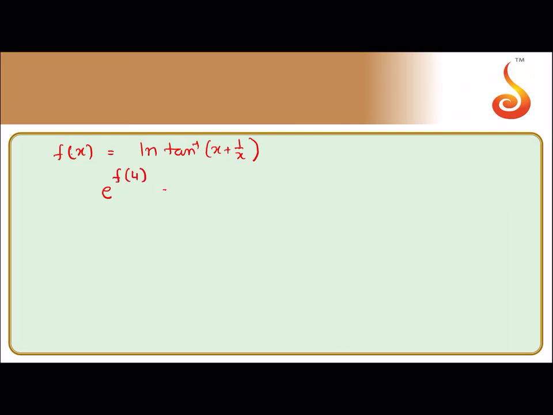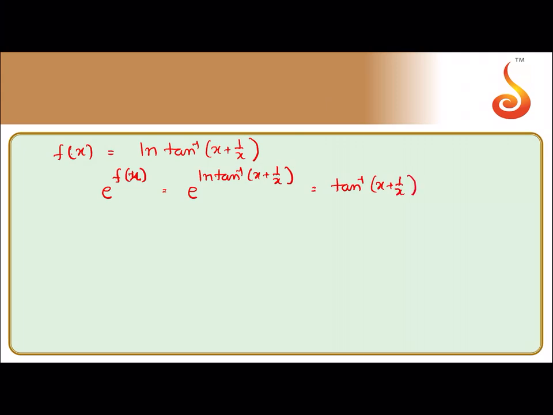Now what is the value they are asking? They are asking e to the power f of 4. So this is nothing but e to the power log tan inverse x plus 1 by x, which is e to the power f of x.